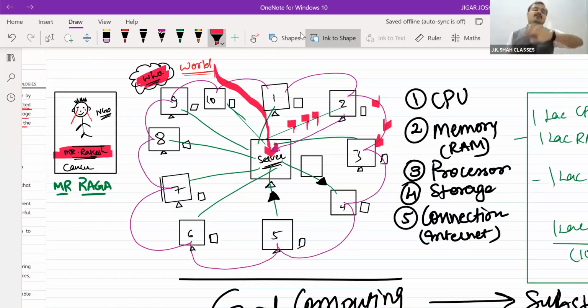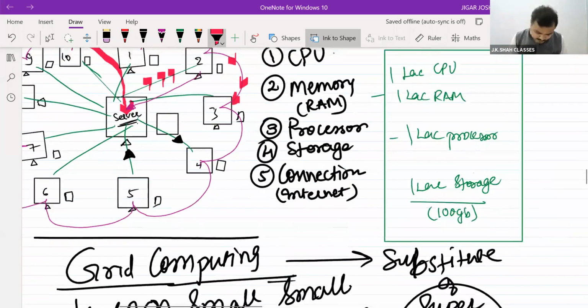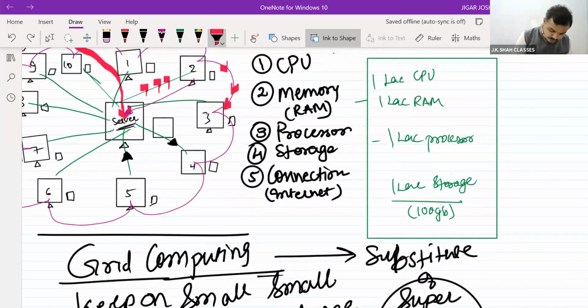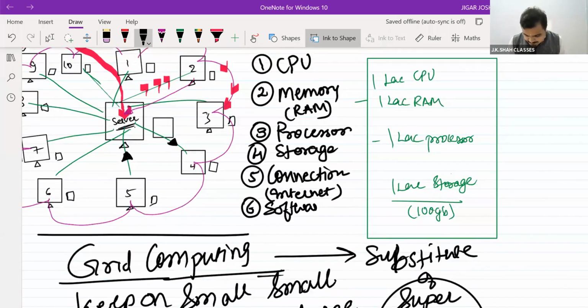Then who will give me software for this, myself or Rakesh? Sir, obviously Mr. Rakesh will give the software. So the sixth component, people, would be software. Okay, software and license.